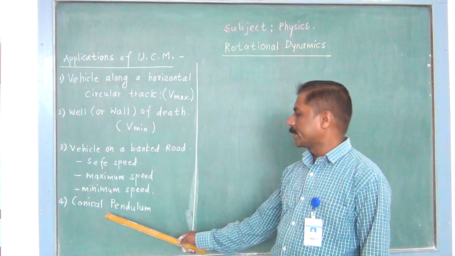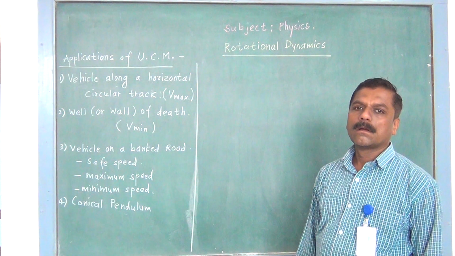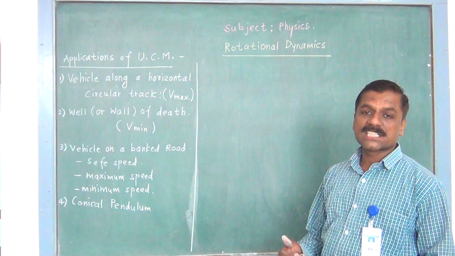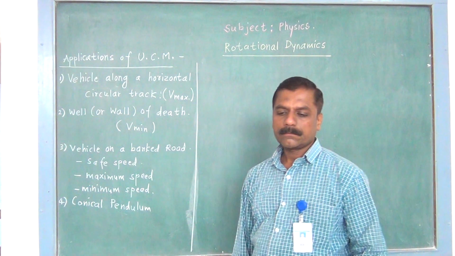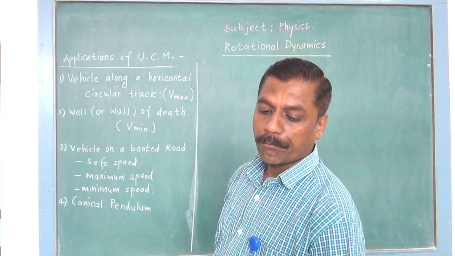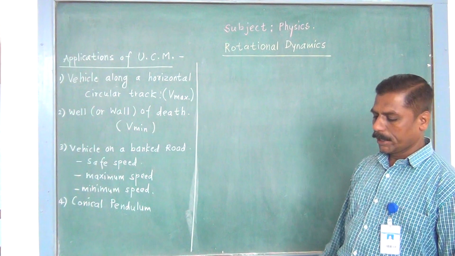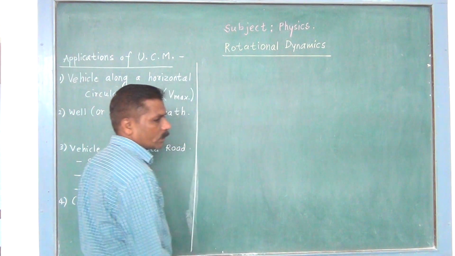And the fourth application is the conical pendulum. We know what is meant by the pendulum, what is the simple pendulum, what is the seconds pendulum, what is the conical pendulum, and we are interested to find out the period of the conical pendulum. Okay, so we will start one by one here.